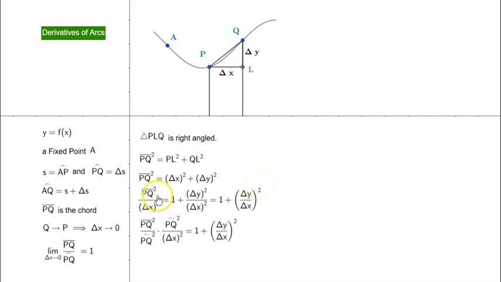We basically take this and multiply and divide it by the same quantity so that we are ending up multiplying it by 1. So here chord PQ square is being multiplied with the arc length PQ square, and delta X square is being multiplied with again the arc length PQ square. The right hand side remains the same.